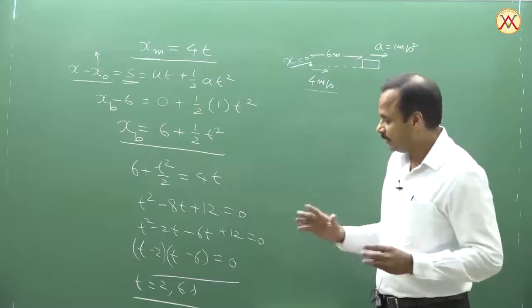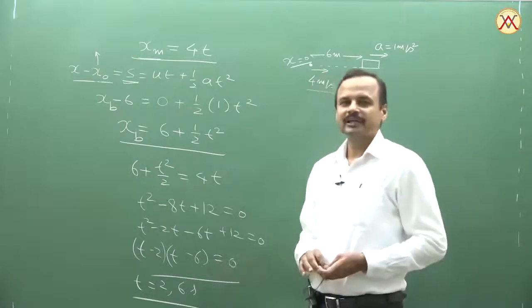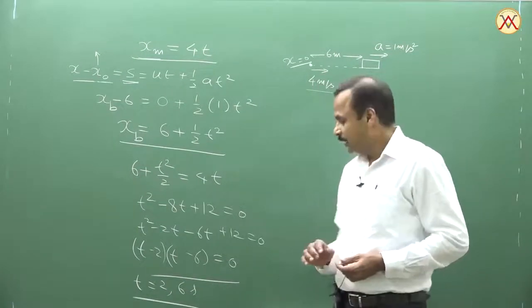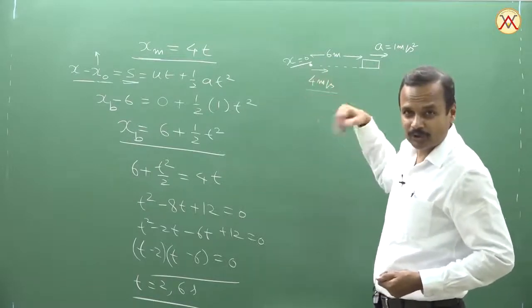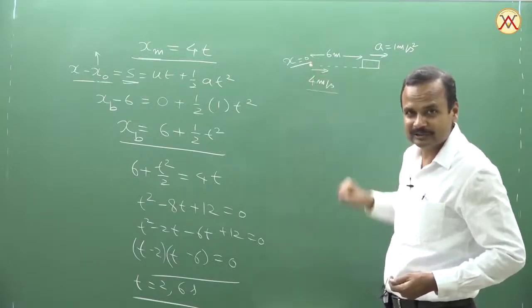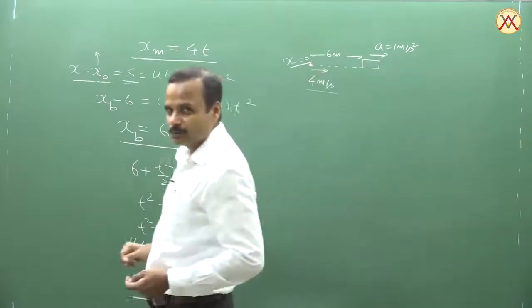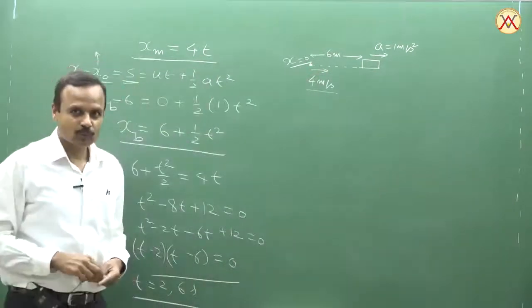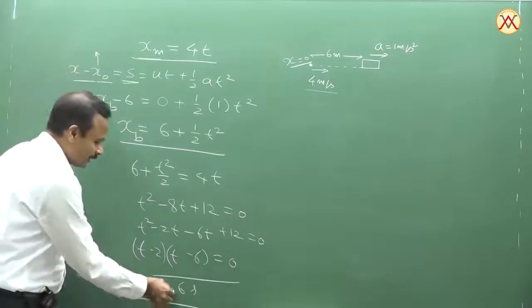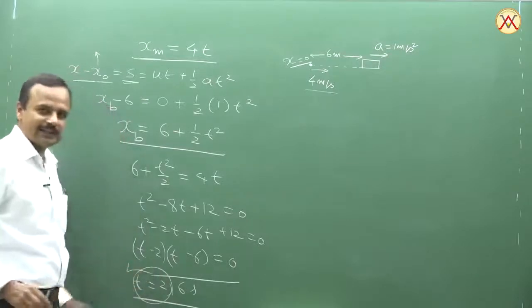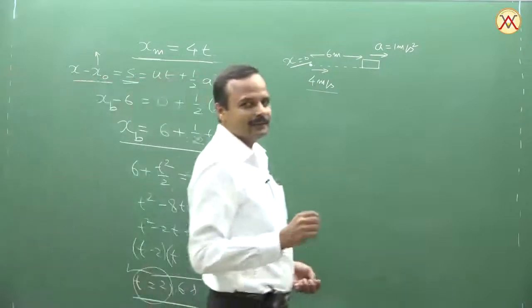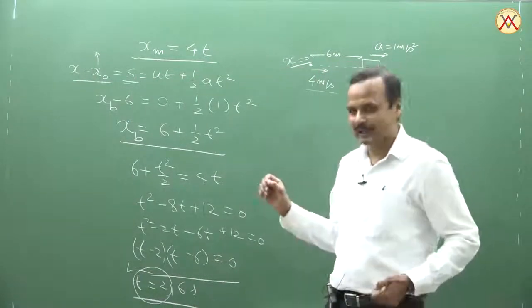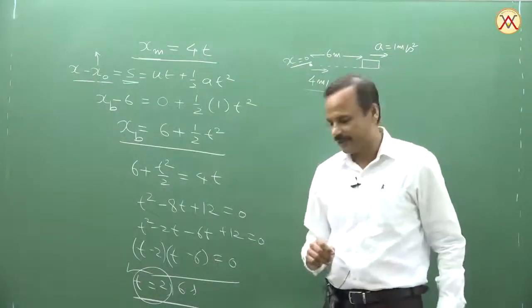In physics, we have to take decisions in such situations. Put yourself in place of this person and think. You are desperate to catch the bus. What will you do? You will do it at the first opportunity that you get. So the answer should be t equal to 2 seconds. The person will catch the bus at 2 seconds.